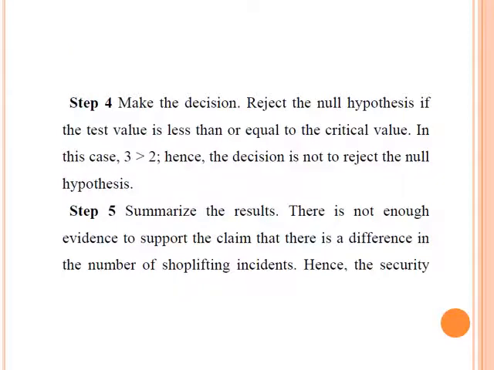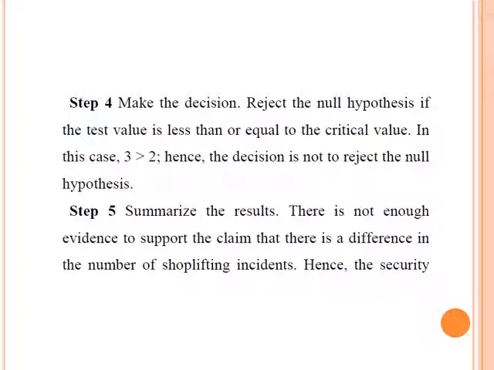Now the step for the decision. We will reject the null hypothesis if the test value is less than or equal to the critical value. Recall in step 2 we have a critical value of 2, and in step 3 we have the test value equal to 3.